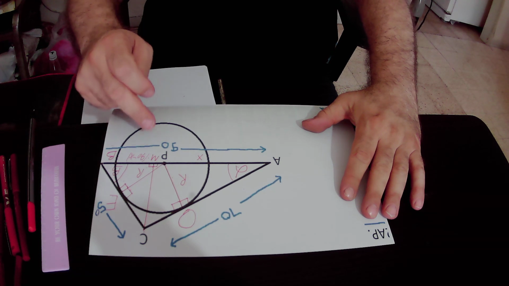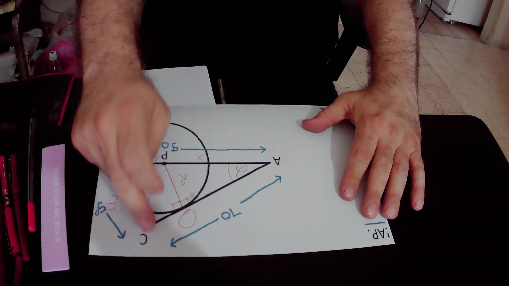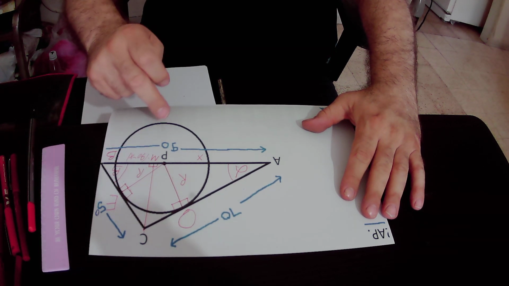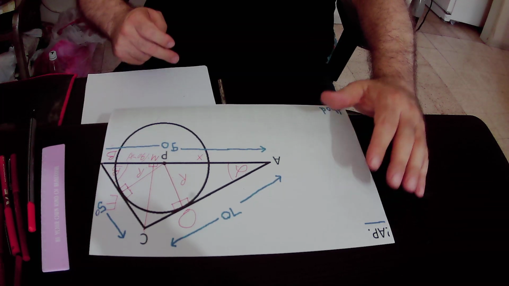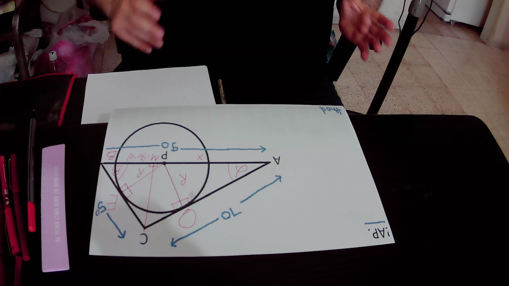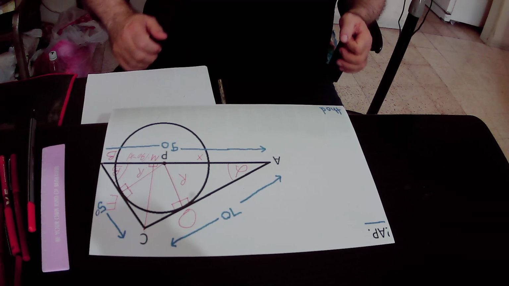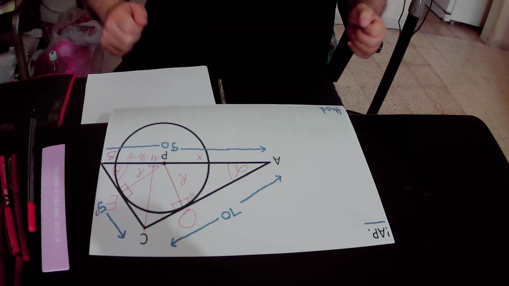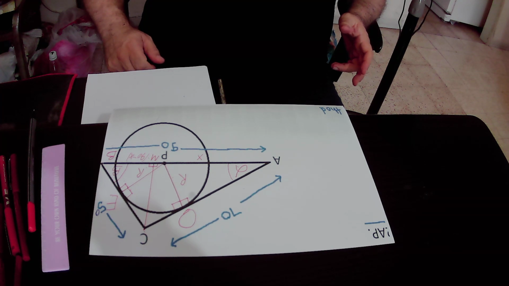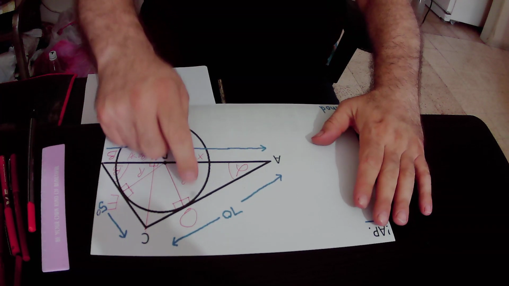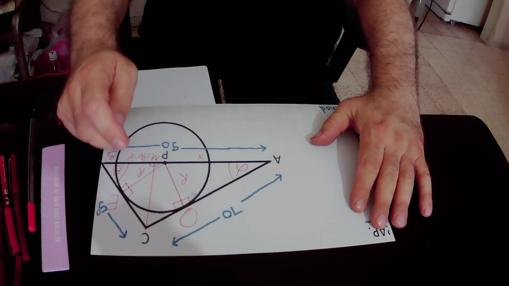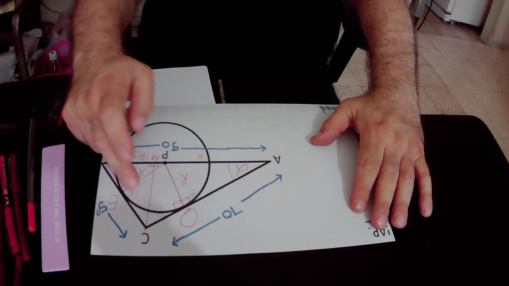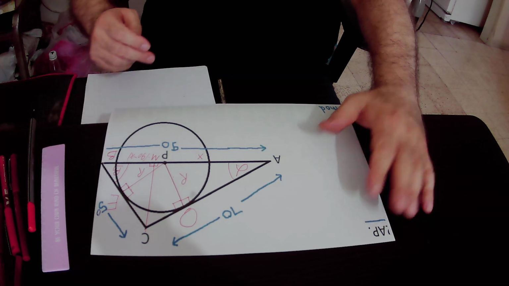That is to say, angle PEC equals 90 degrees and also angle PEB equals 90 degrees. Okay, in any circle, a radius and the tangent to that radius are perpendicular. That is to say, this angle is 90 degrees, this angle is 90 degrees, and the same thing is here. This angle is 90 degrees and this angle is 90 degrees.